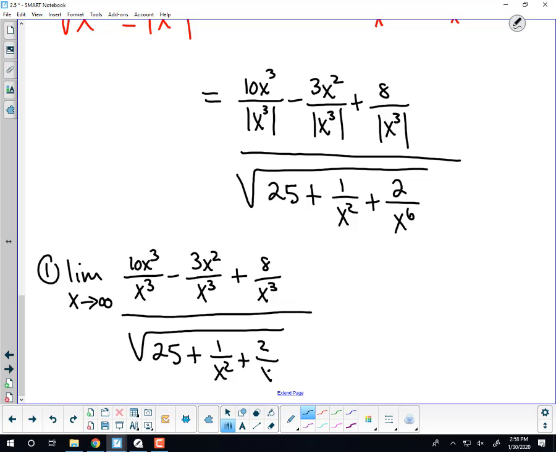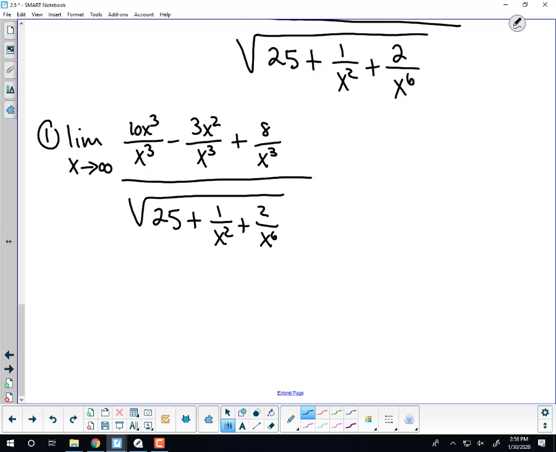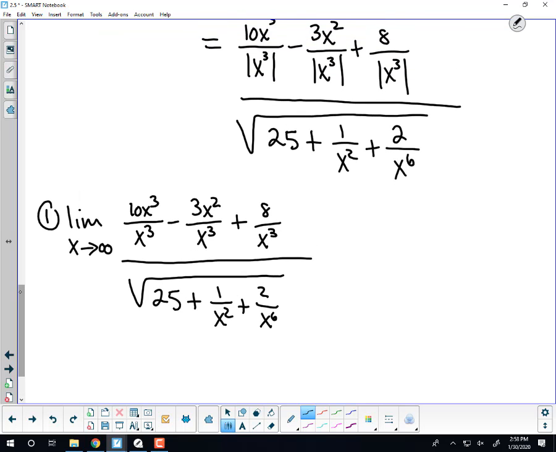This is kind of a longer way to write all of this out too, right? Just piece it all together. Is everyone okay with that? X is positive, so the absolute value just turns into the function itself.